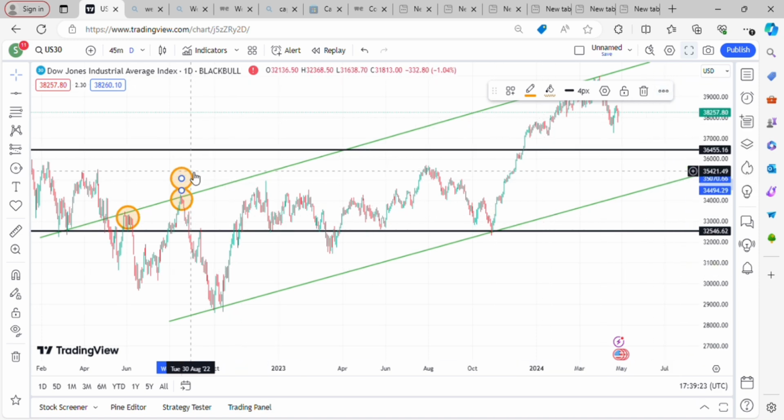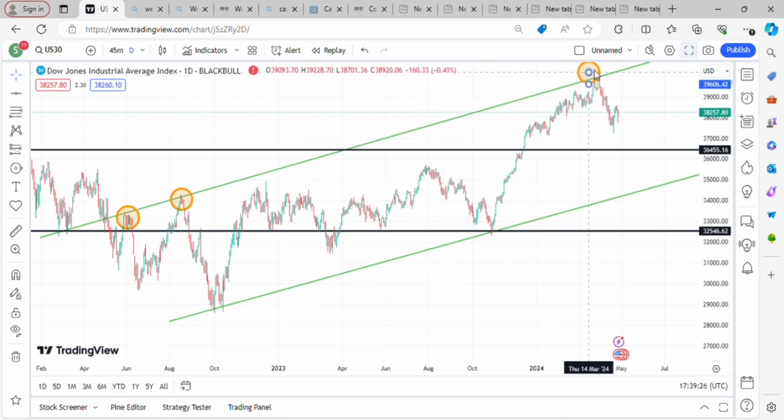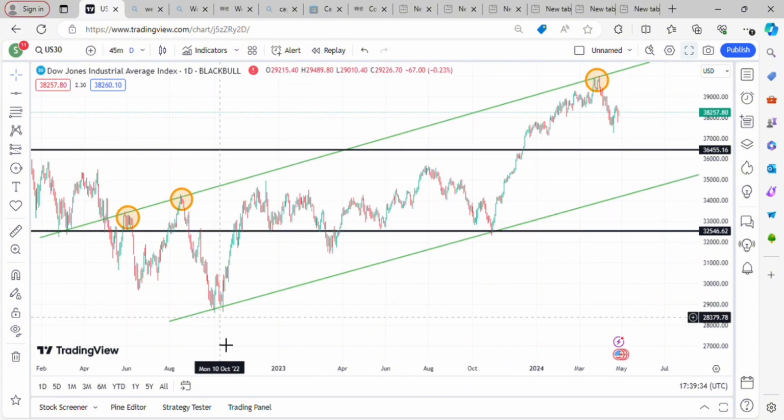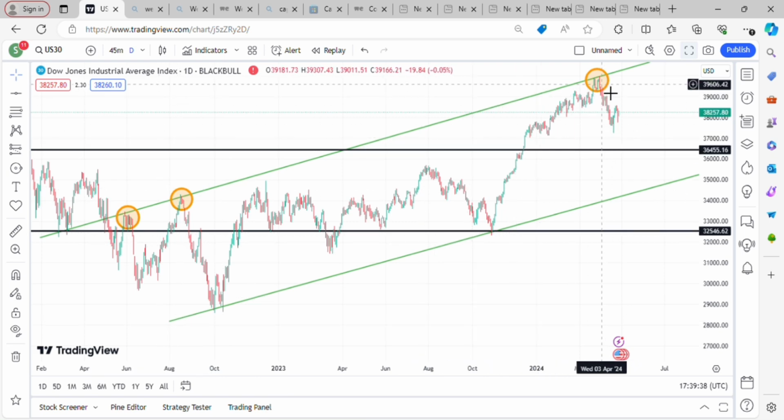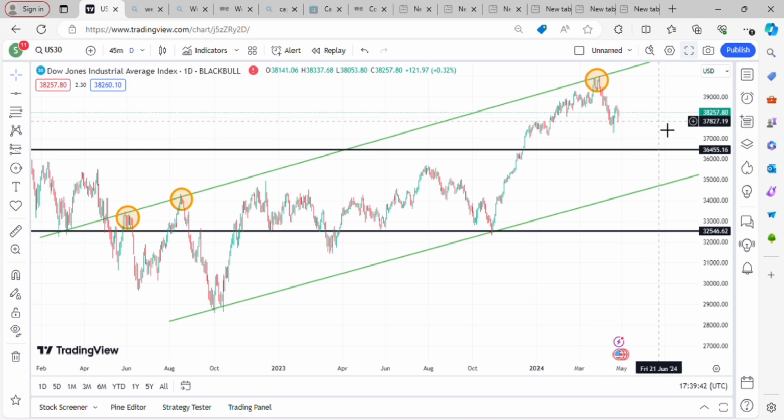So I like highlighting those important touches, those touches that are literally important. We have three touches here, and on this side we have two touches. So basically, this selling momentum that we are having is literally looking forward to giving us the third touch.